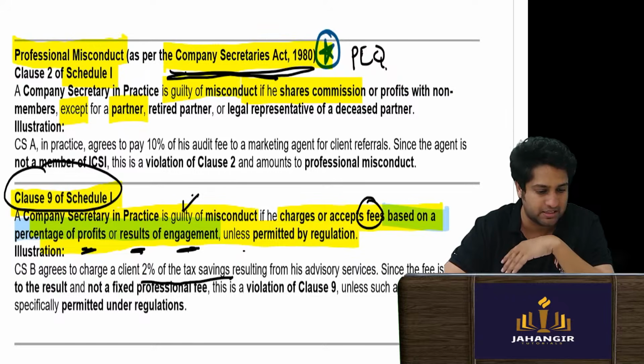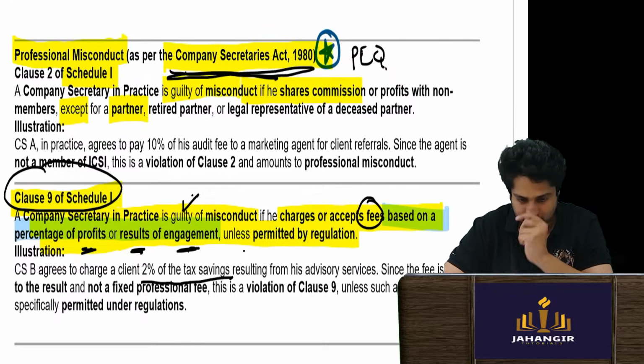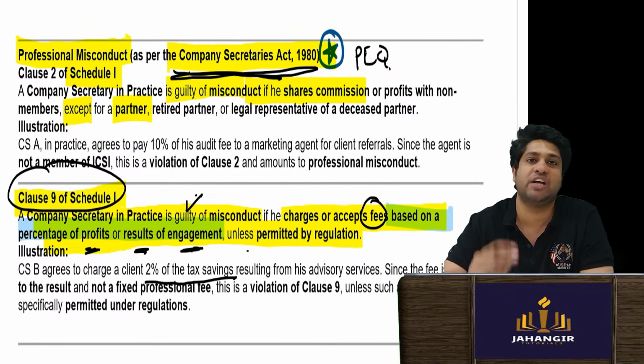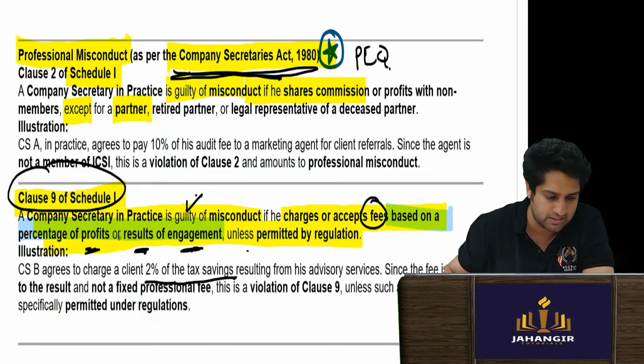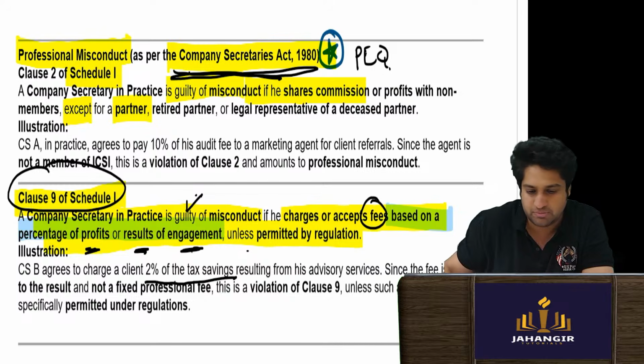Professional misconduct, I told you, is important. Schedule 1 clause 8 you've done, even clause 9 you can remember. Sir, what is clause 9? A company secretary will be guilty of misconduct if he accepts fees based on a percentage of profits or the results of engagement.